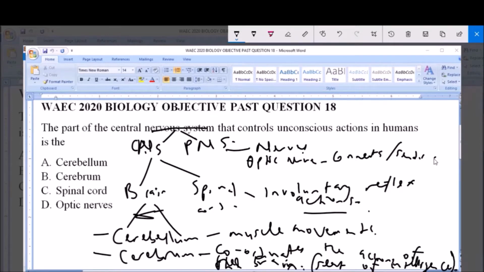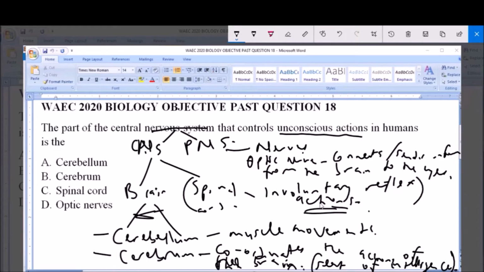So from what we have established here, option C, the spinal cord, is responsible for involuntary reflex actions. Those actions are sometimes known as unconscious actions, as they occur without human control. So option C, spinal cord, is responsible for unconscious actions.